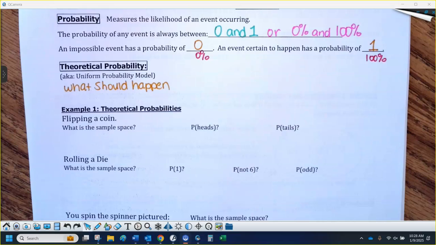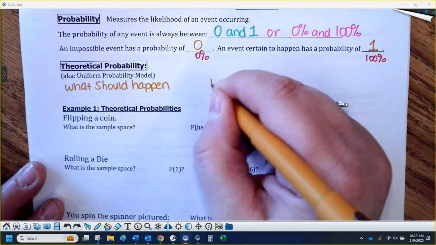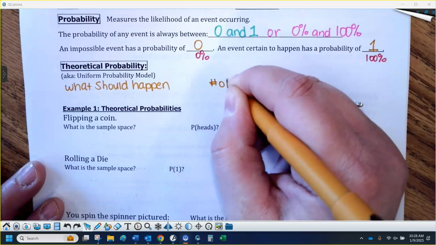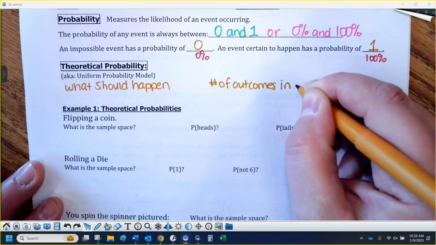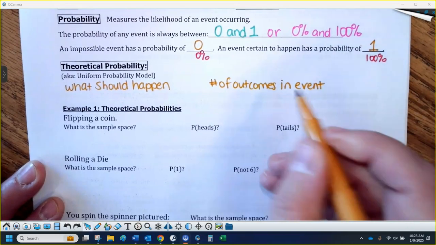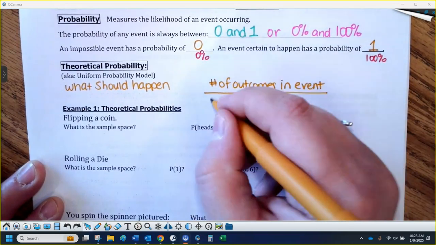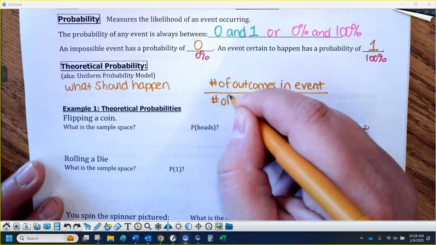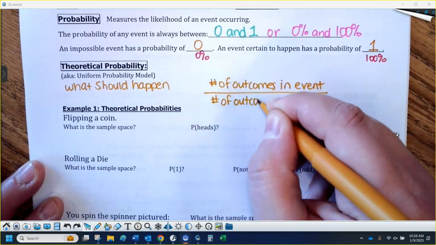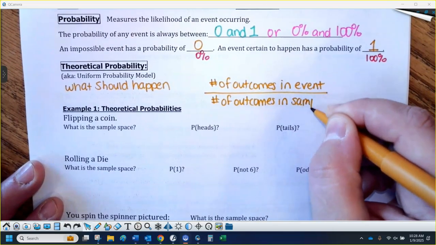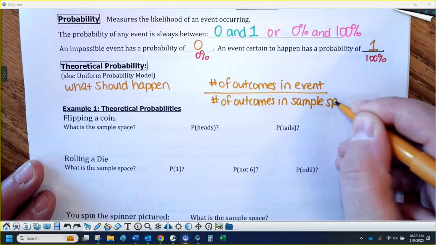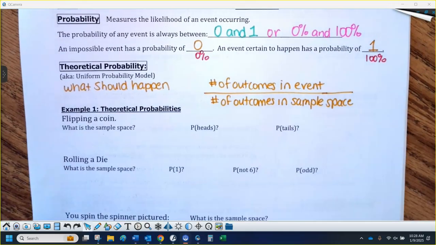The calculation is the number of outcomes in the event that you want over the total number of outcomes in your sample space. Sample space is literally just all the possible things that could happen.